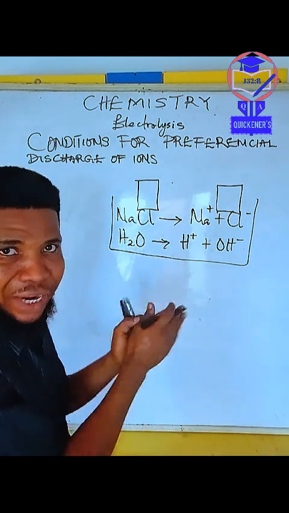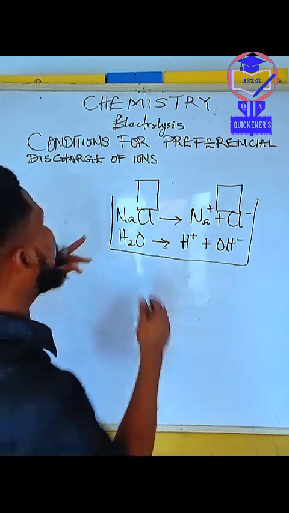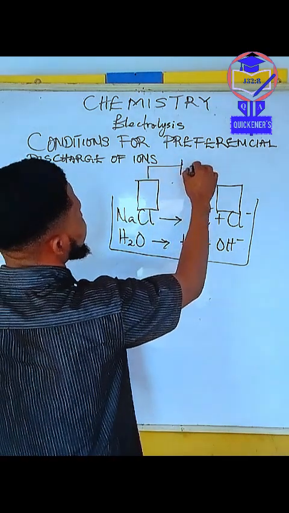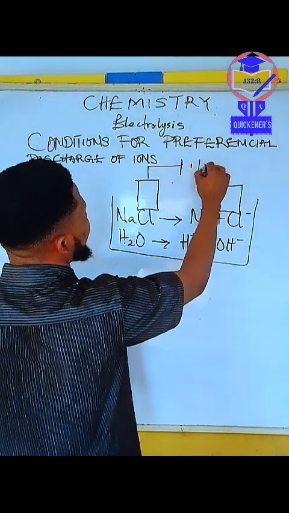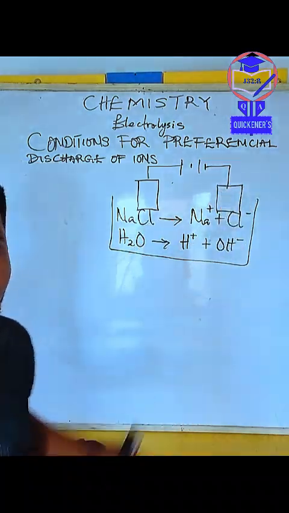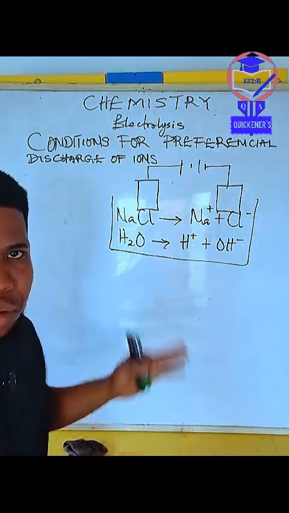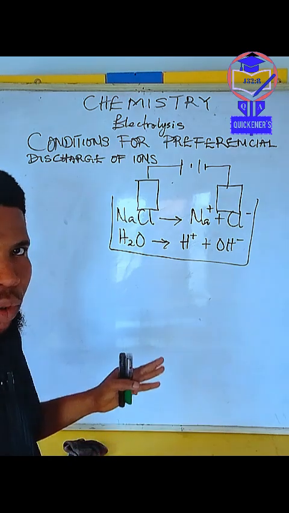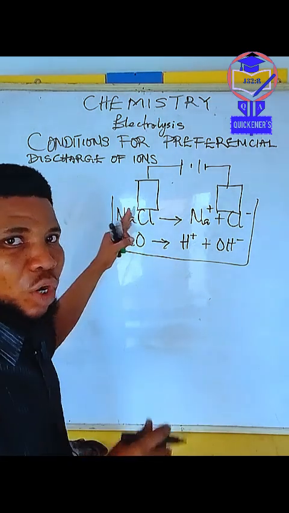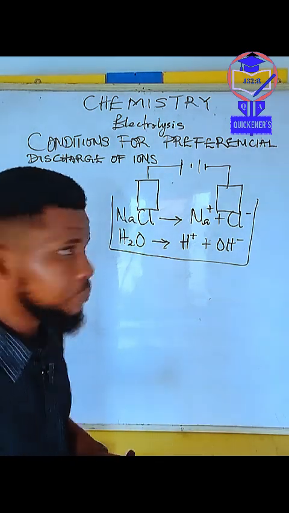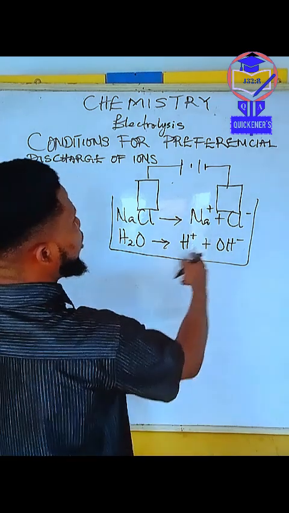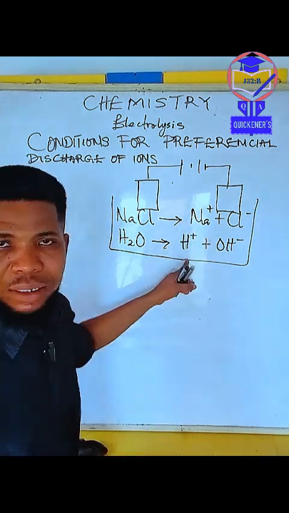That's for the positive and the negative, right? So when you now pass electric current through this chemical system, what will happen? Are we going to have a total discharge of everything? No.